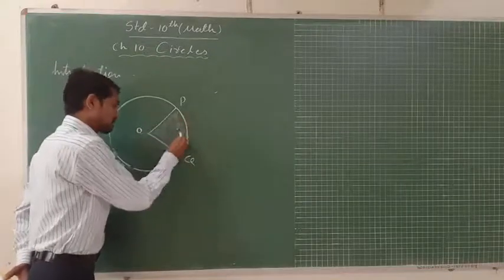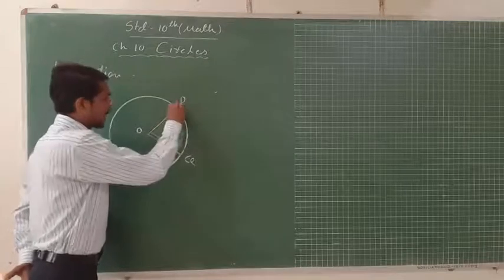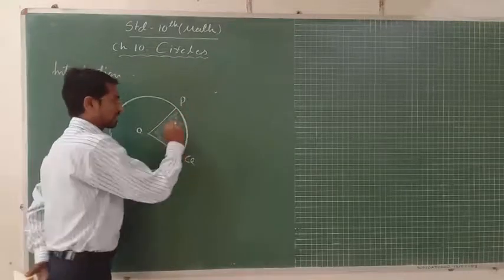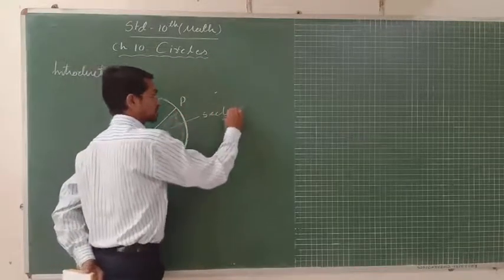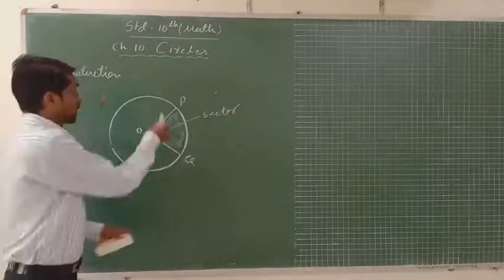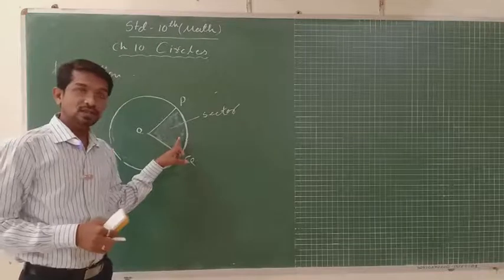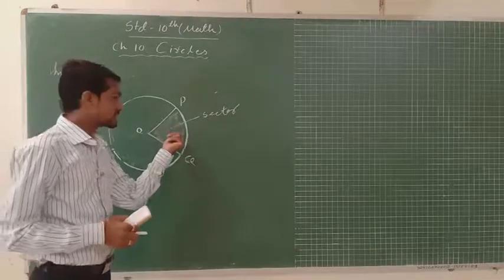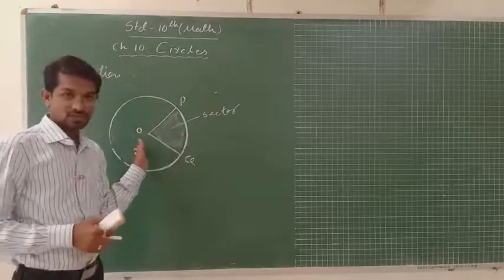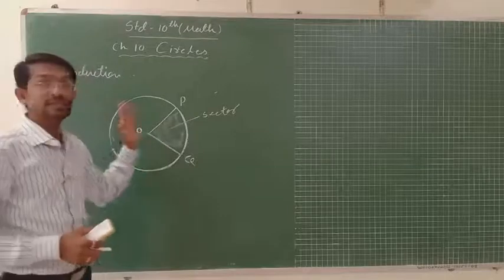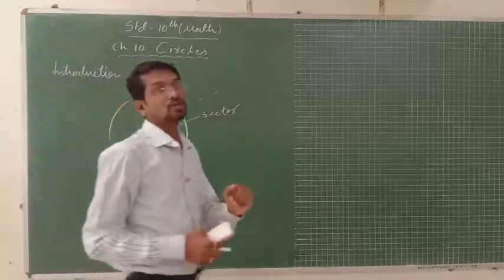The region between the two radii and the corresponding arc is called a sector of a circle. This is also a sector. This is the minor sector, and this is the major sector. So these are the basic terms of circles.